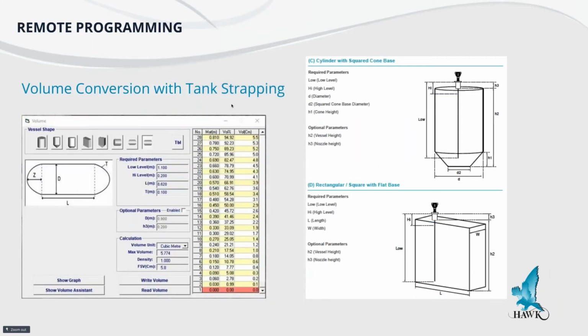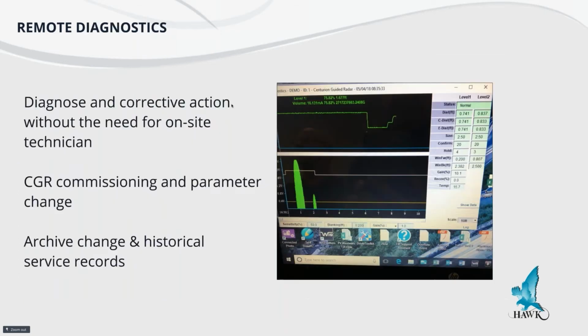We can set up any of those tank level devices to a strapping chart, so you could read the actual volumes or mass, if you want to read in tons, making those conversions remotely and then downloading them into the field device. Like I said, we can make any diagnostic or corrective action without ever entering the plant.